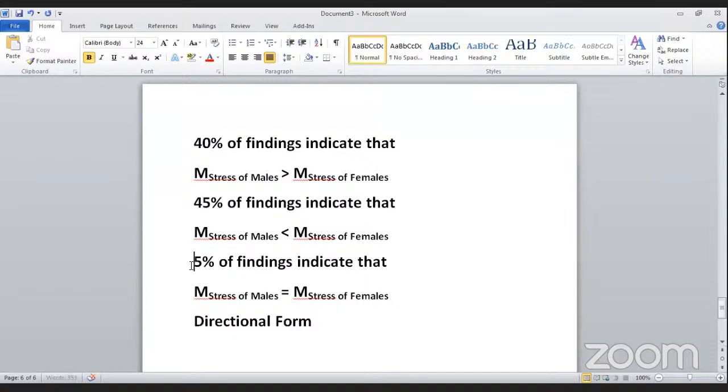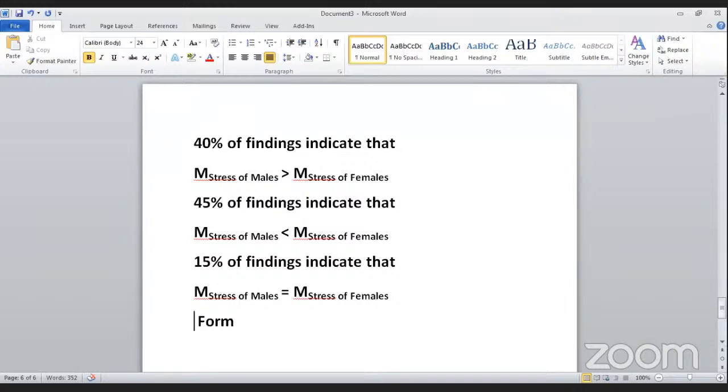Okay, and suppose 15% of the findings indicate that the mean score of stress of males is equal to the mean score of stress of female. Now, if this is the situation, can you tell me, can I give the direction? Is it possible as a researcher to give the direction?